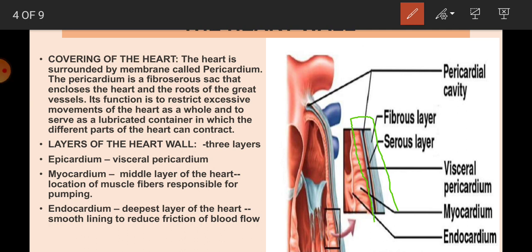So this part is pericardium, where at the outside there are two layers, a fibrous layer and a serous layer, then there is a space, and this is the pericardial cavity. And then the heart wall, two layers. This part is myocardium, and the innermost part is the endocardium.